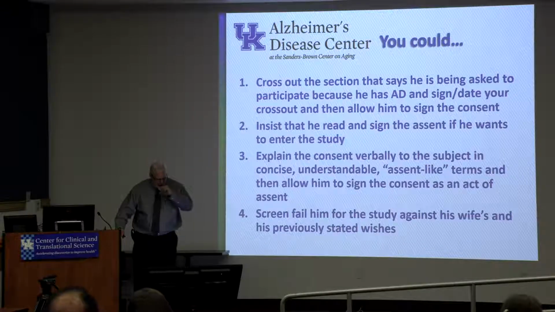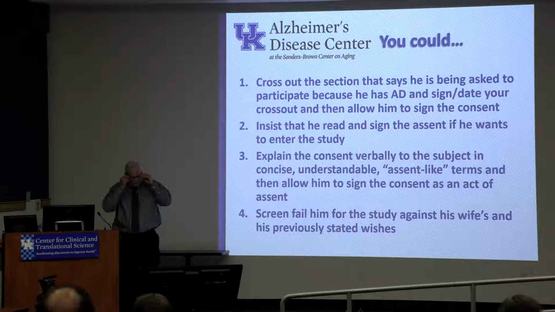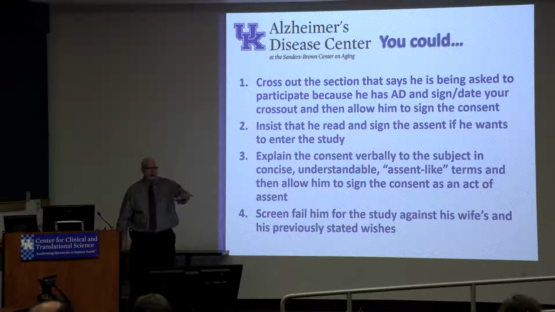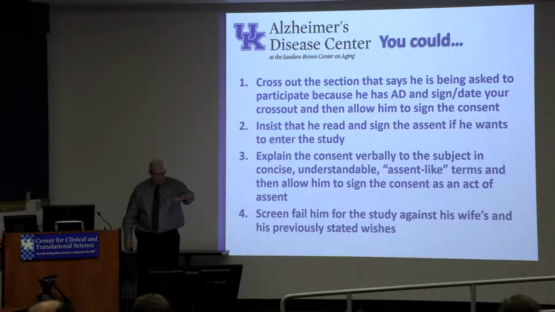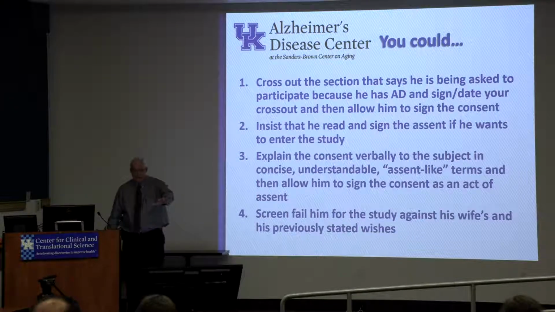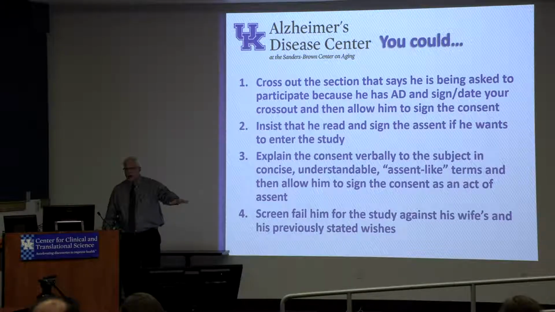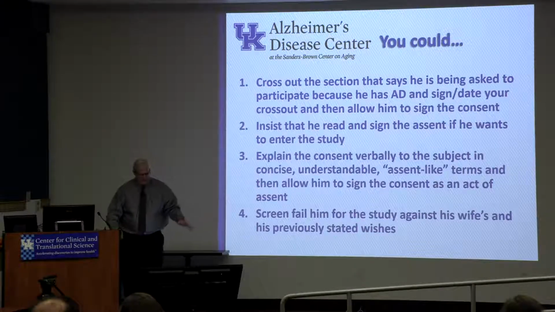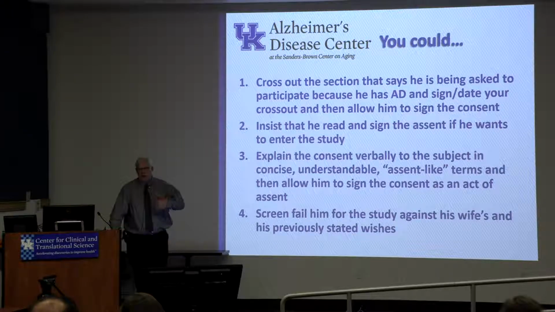So, let's talk about these. There are several different options. Number one, you can say, well, the patient is the patient, and he's in charge. So I'll go ahead and just cross out that section that says he is being asked to participate because he has AD. Sign and date that cross out to make sure that we have responded appropriately, and allow him to move forward and sign the consent.